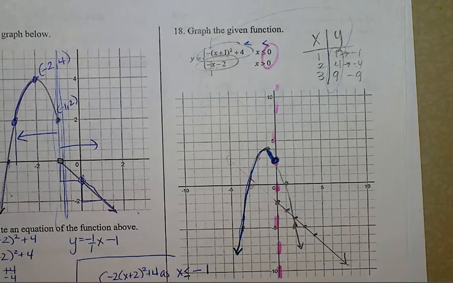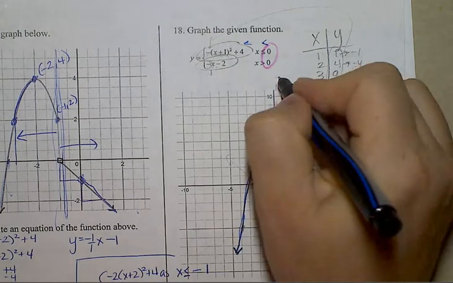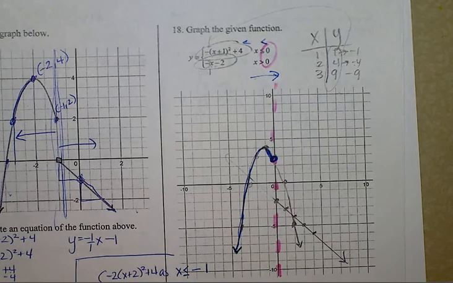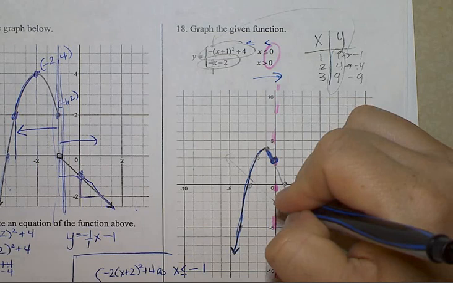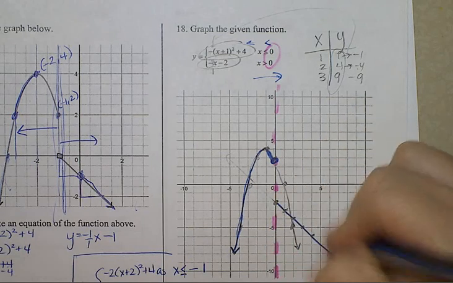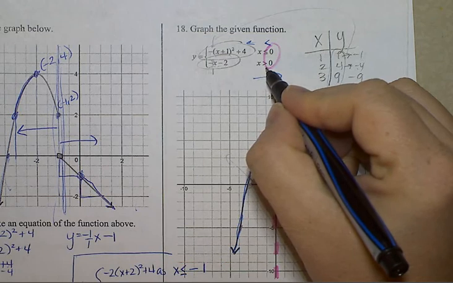Then this says that the linear line only occurs, look at the direction of the arrow, only occurs to the right of the boundary line. And since there's no line underneath, it means on the boundary line we make an open circle.